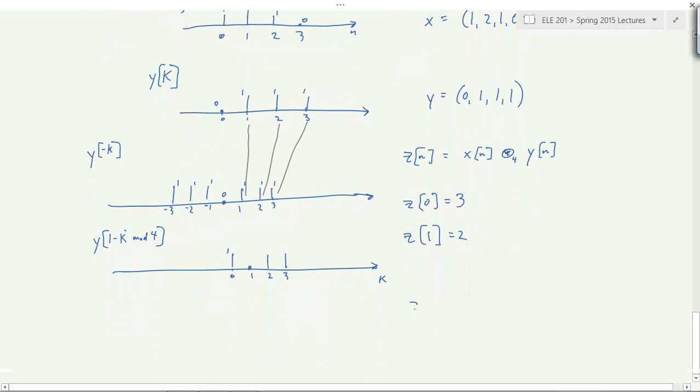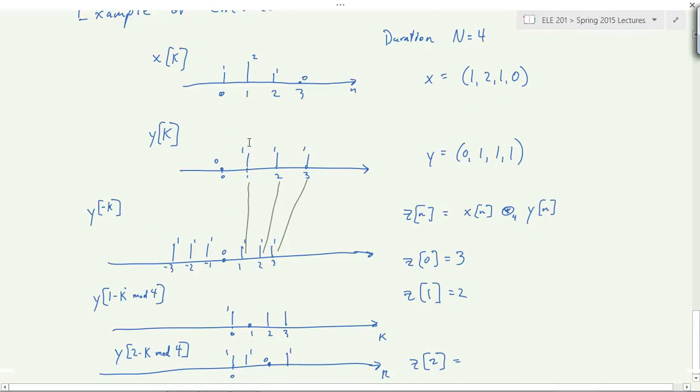Let's do z[2]. I think you get the idea here. This becomes y of 2 minus k mod 4, which is 1, 1, 0, 1. Now we multiply that by the x signal and sum up 1 and 2 and 0.